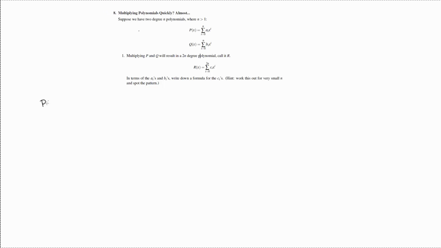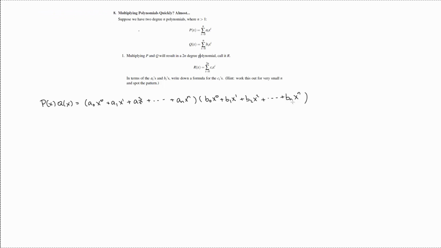The product p of x times q of x is given by a0 x to the 0 plus a1 x to the 1 plus a2 x to the 2 all the way up to an x to the n, times b0 x to the 0 plus b1 x to the 1 plus b2 x to the 2 all the way up to bn times x to the n.